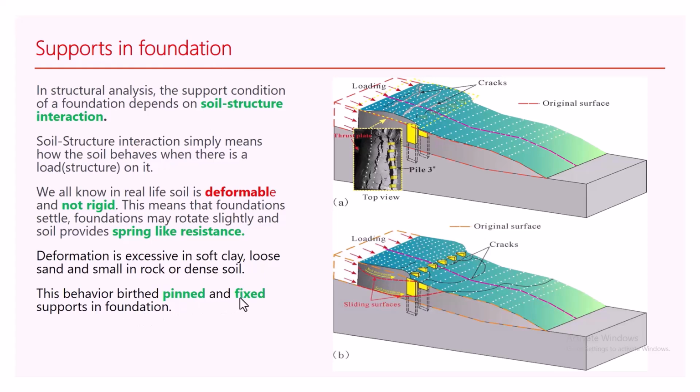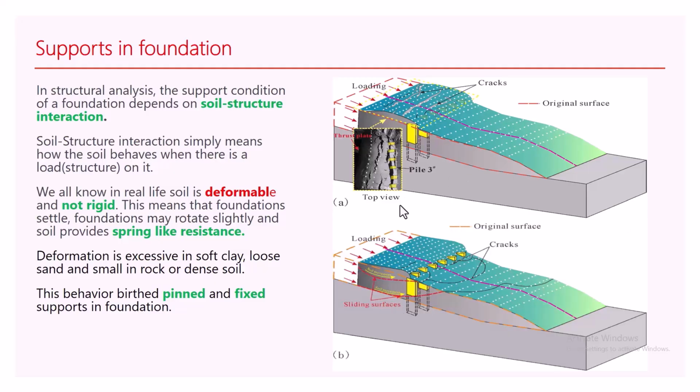So the soil-structure interaction gives birth to these types of support. In foundation, you have the pinned and the fixed support. The diagram shows that when there is a load on the soil, there are cracks, there is sliding, and other things like that.